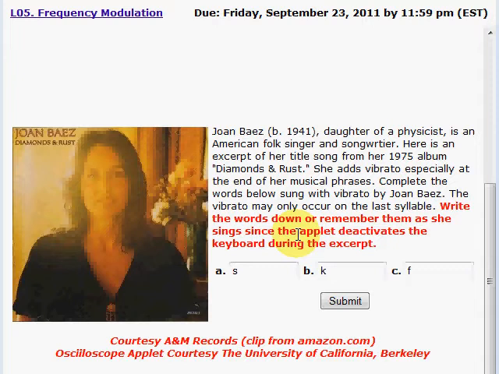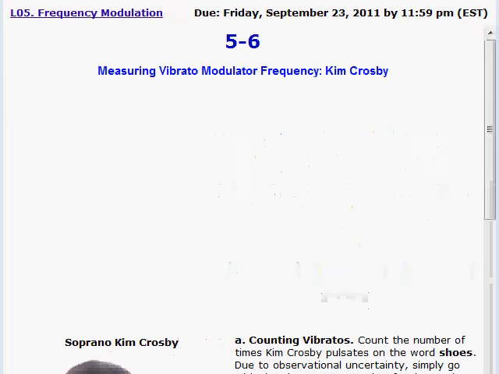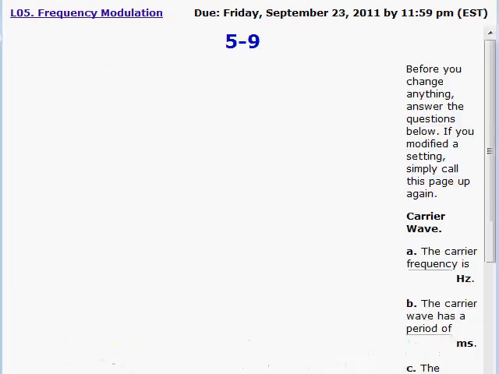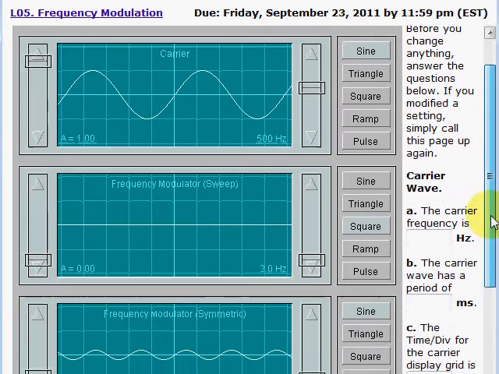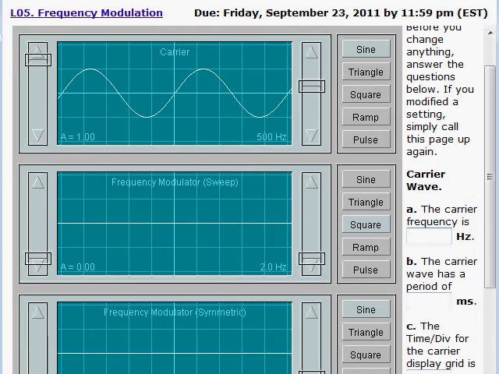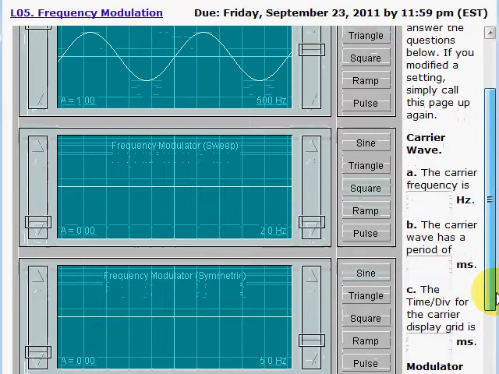So the sweep frequency modulation and the symmetric, let's look at what those things are. When you look at a carrier wave here, we have a carrier wave that's doing some kind of modulation. Let's go ahead and study these. First, take the frequency of modulation, either one, off.